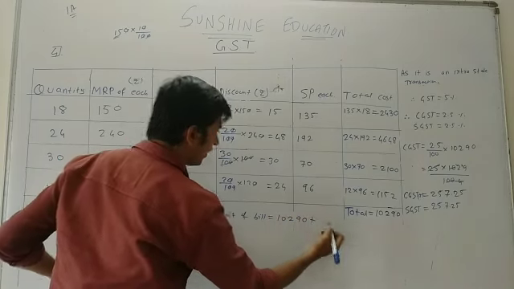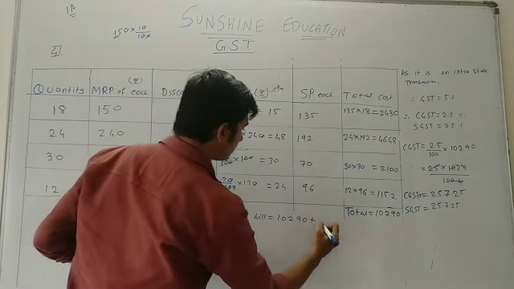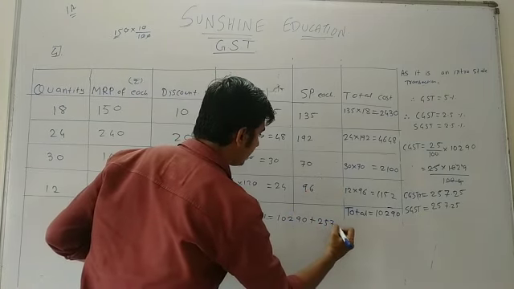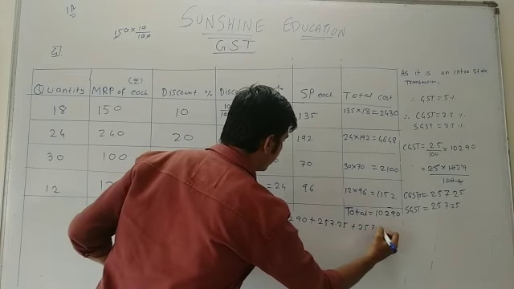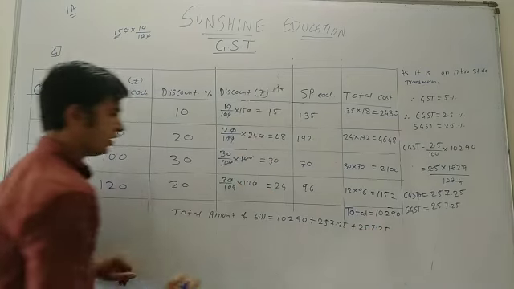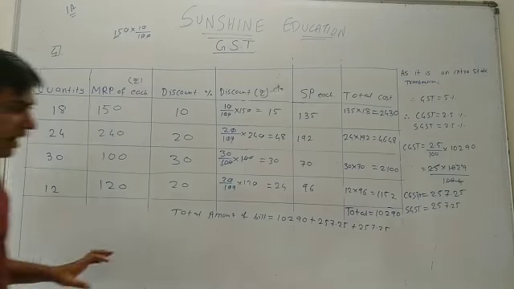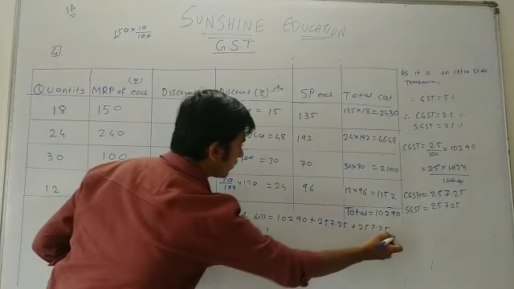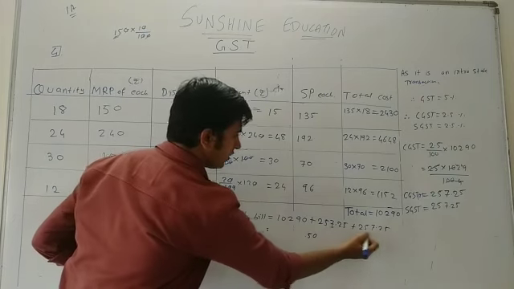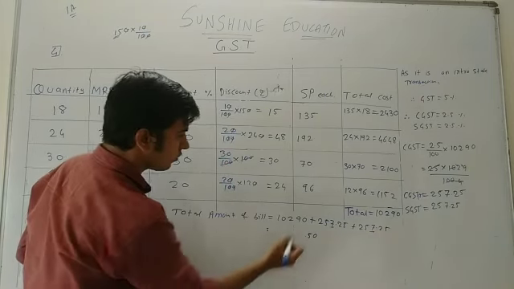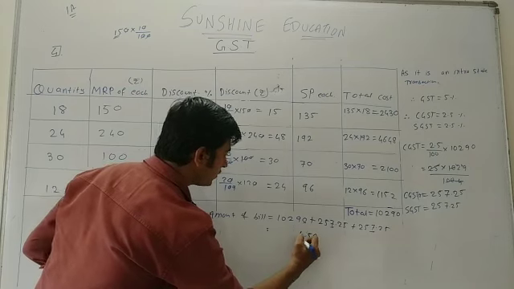10,290 plus CGST, that is 257.25, plus SGST 257.25. Okay. So when we add this, we get 25 by 6, 50 by 6. Okay, 7 plus 7 is 14. 14 plus 0 is 14 itself.